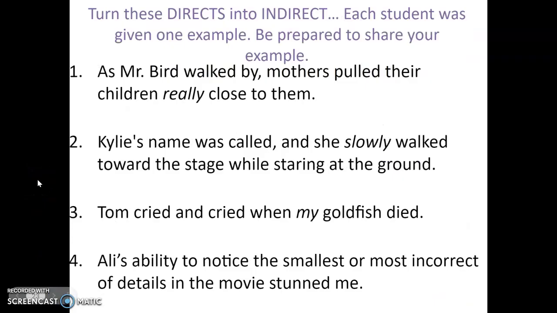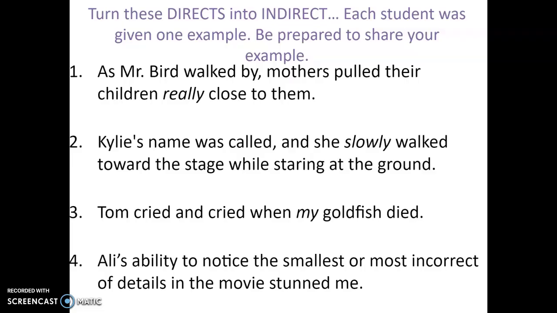All right, now let's look at these examples. And what I'd like you to do is take each of these methods of direct characterization, look at them, and choose one example of direct characterization. So you could choose Mr. Bird, Kyle, Tom, or Allie.